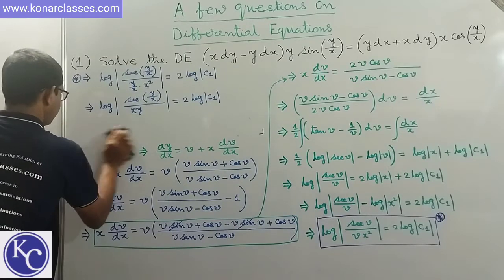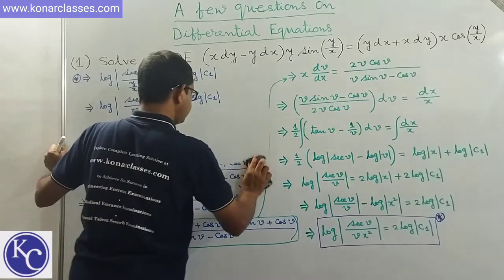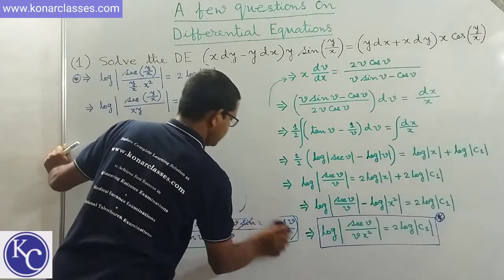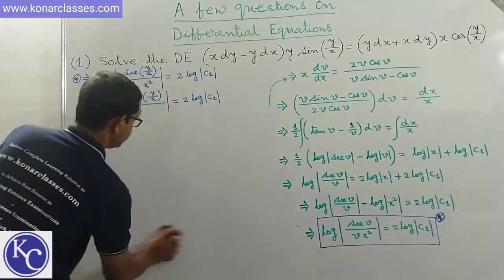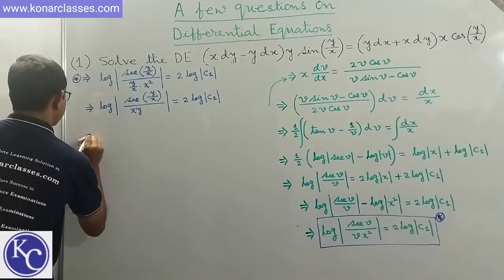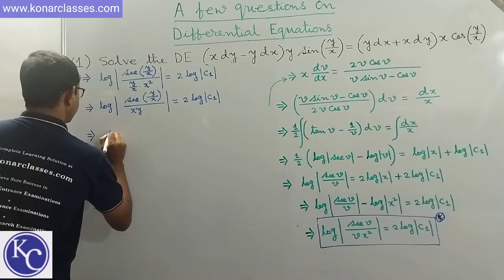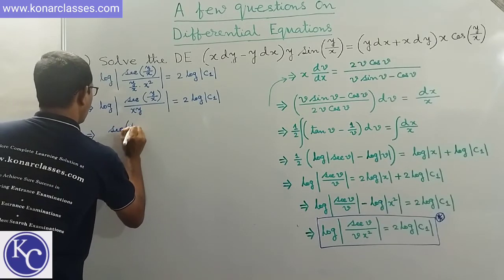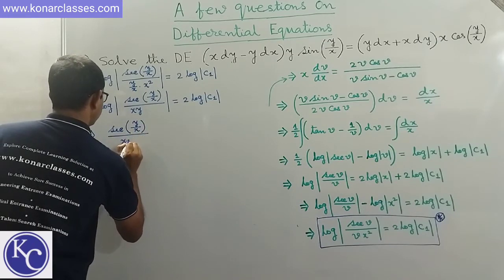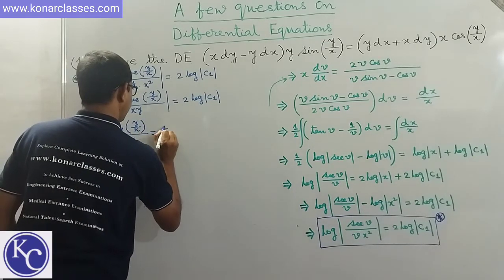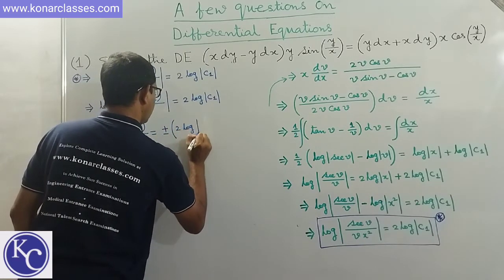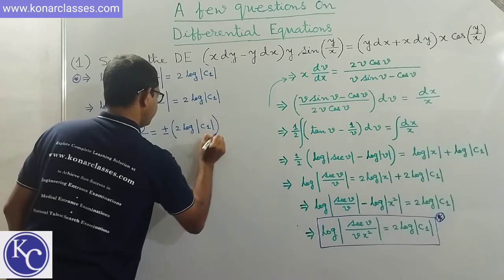Now let's simplify it a little bit. Sec y by x, removing the mod, divided by xy is equal to plus minus 2 log mod c1, correct?